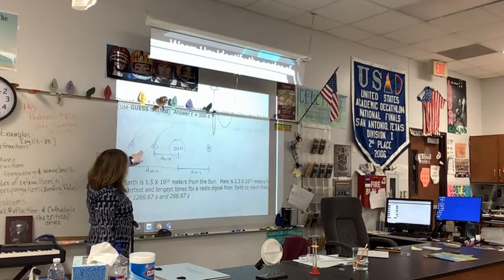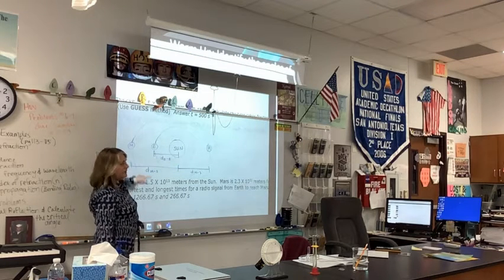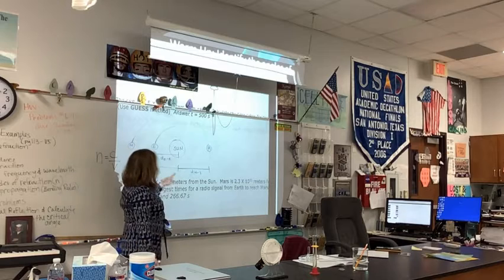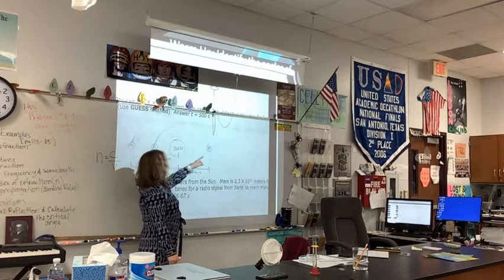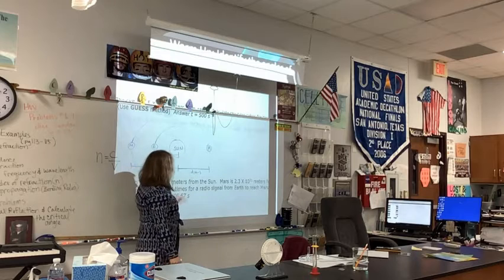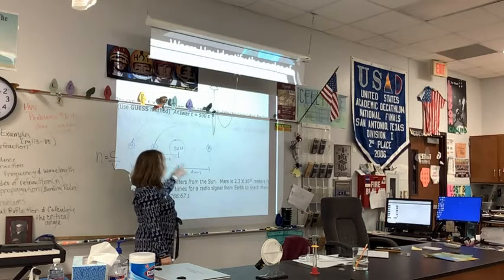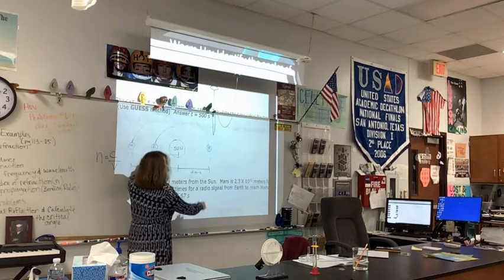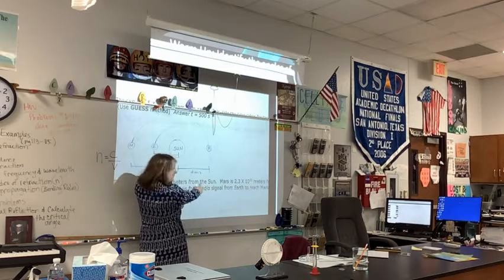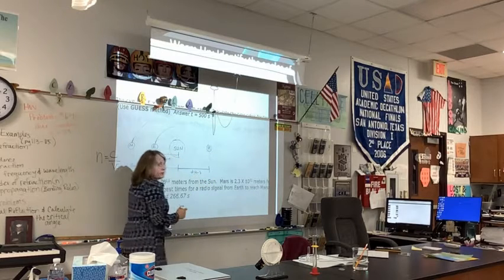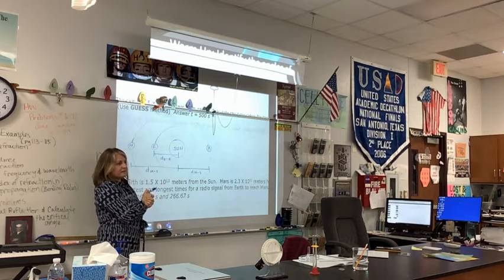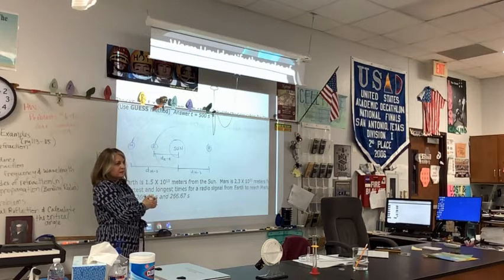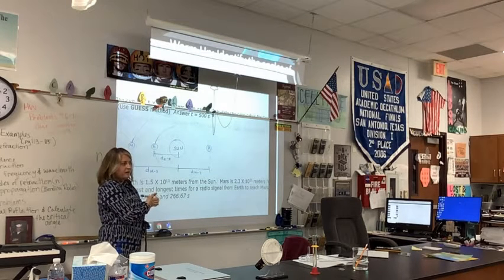So, shortest time, you will subtract these distances, and for the longest time for the signal to get from Mars to Earth, you're going to add the distances. From here to here would be Earth to Sun plus Mars to Sun. And then it's just constant, delta x equals vt. Anything else?